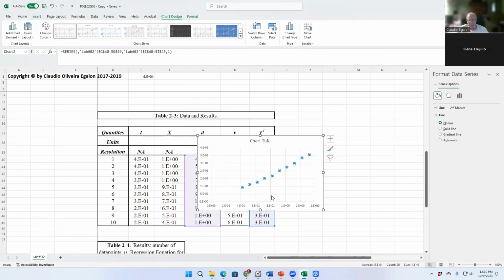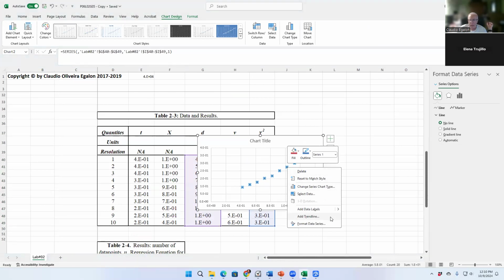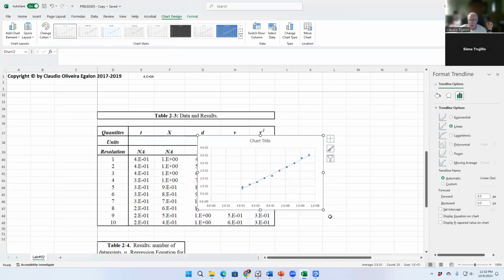Everything is highlighted. Right click on one of the points and you add trend line. Now, do you see this pane showing up on the right side of your screen? Something like that should show up on your screen.